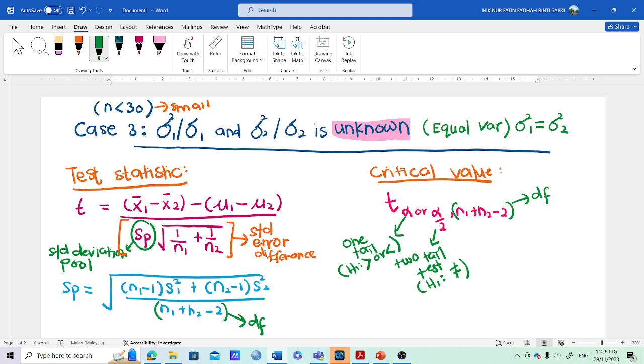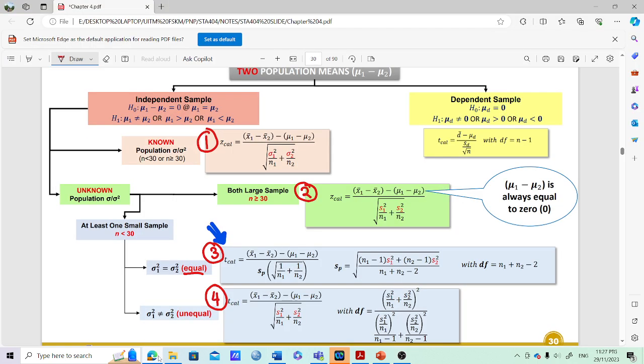However, before you can proceed with case 3 or case 4, you must conduct the Levene test. You can refer to slide 30. This is case number 3, which we cover today.